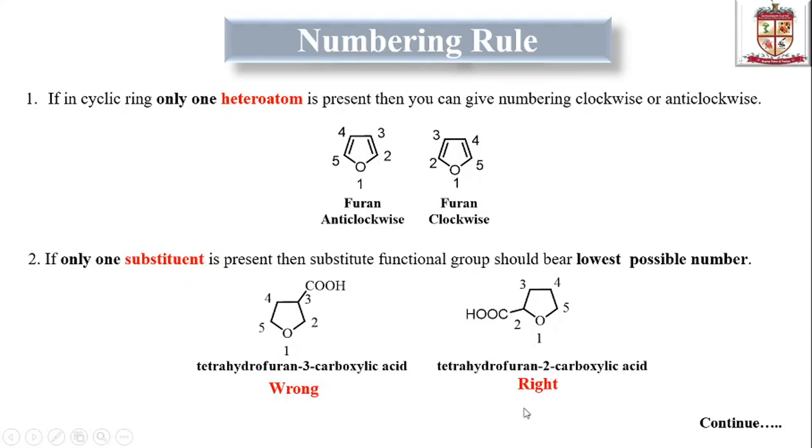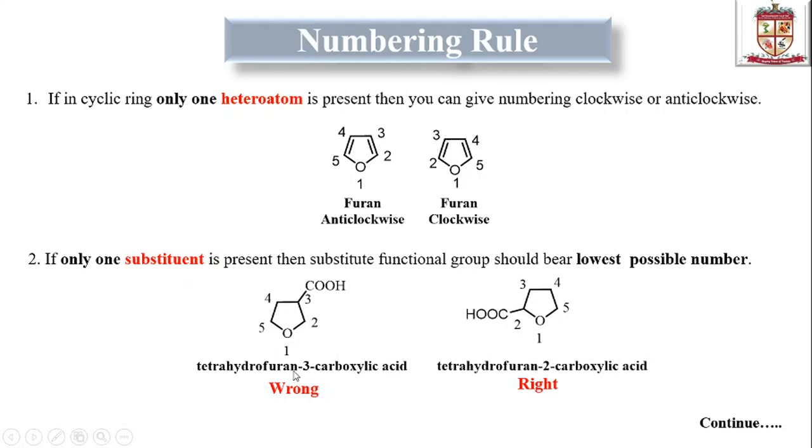This is the right one, because as per the rule, if only one substitution is present, this is the only single functional group attached to that tetrahydrofuran heterocyclic ring, and that's why in that case this functional group should bear the lowest possible number.